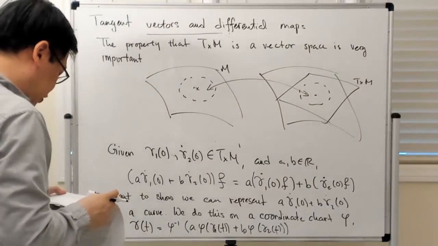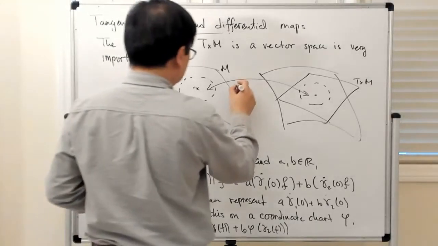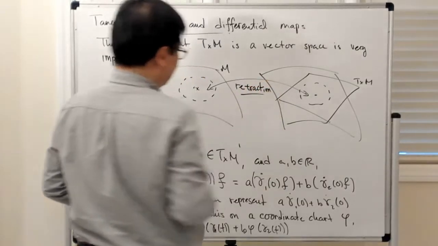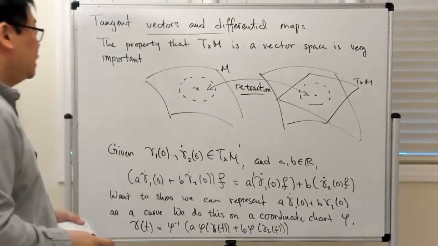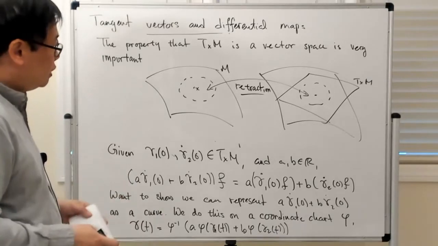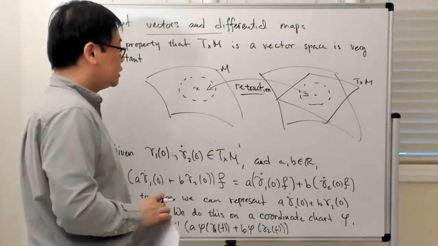And this identification is going to be what is called a retraction. Okay, so there's going to be what is called a retraction, which is the basic tool that this entire course on optimization on manifolds is based upon. So we're going to introduce various notions of retractions.